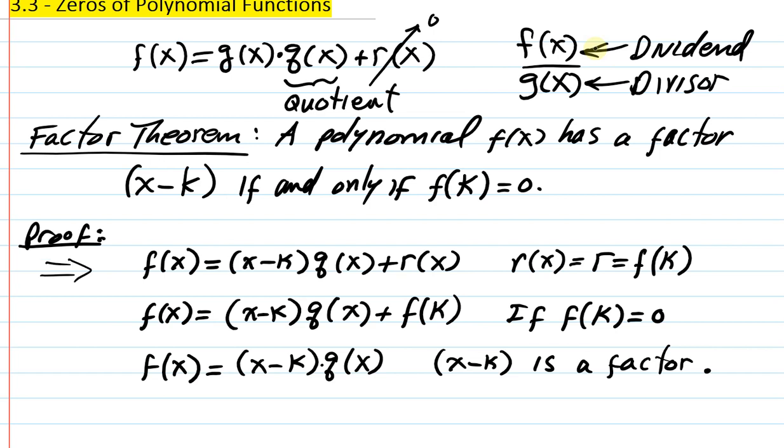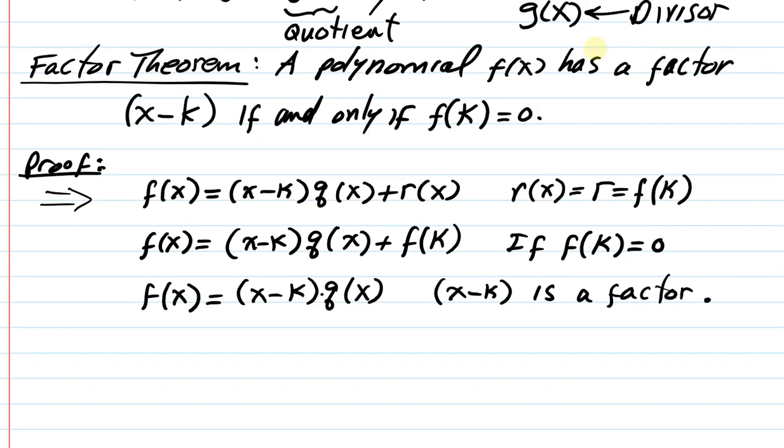One is going in this direction, where we simply mention that using the division algorithm we have a factor x minus k. Now we need to go in the other direction. Conversely, for the only if portion of the proof, we assume x minus k is a factor.